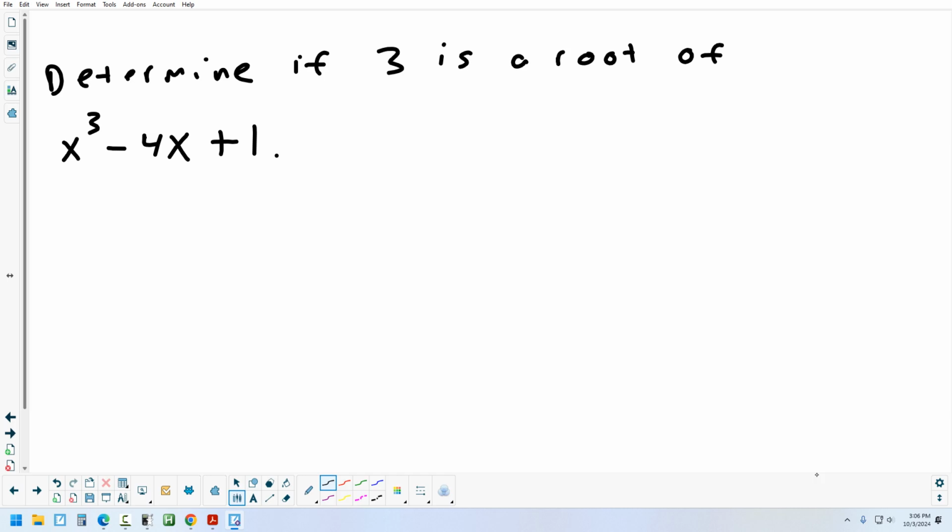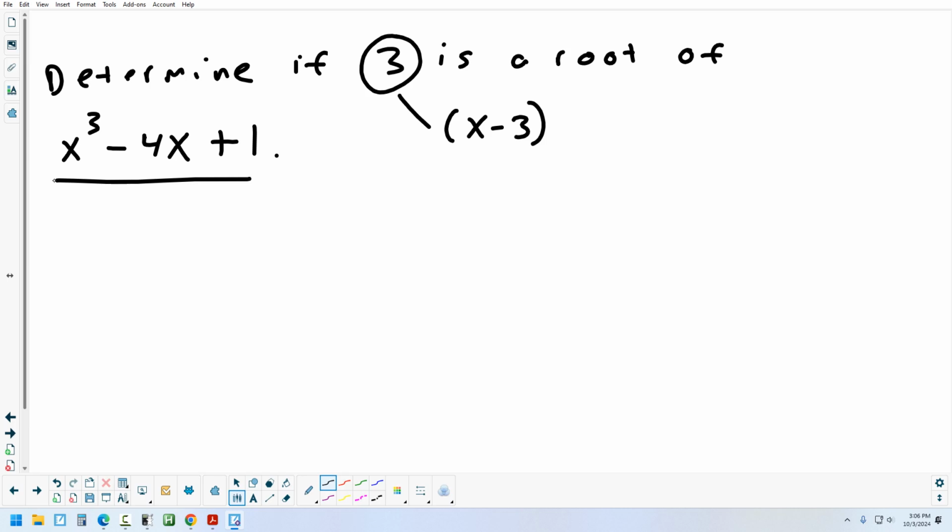So rather than checking if 3 is a root, what would be the factor that would have come from? x minus 3. Right, that would have come from a factor of x minus 3. So I want to check if x minus 3 is a factor of x cubed minus 4x plus 1.